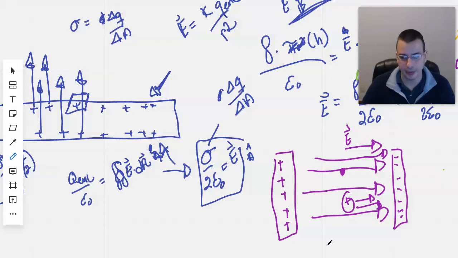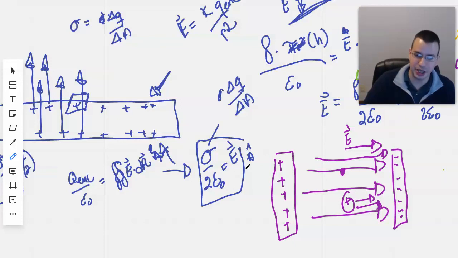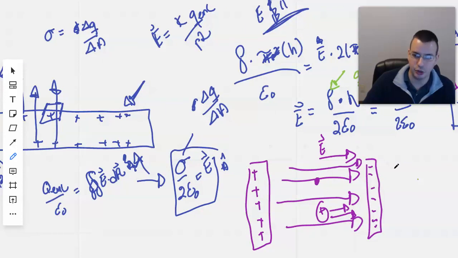And if you don't have access to epsilon naught, you can find epsilon naught through k, Coulomb's constant, 1 over 4 pi epsilon naught. Okay, and next time we'll go over cylinders and infinite line charges. Thanks.